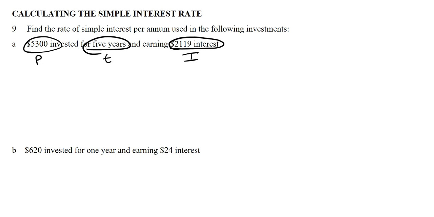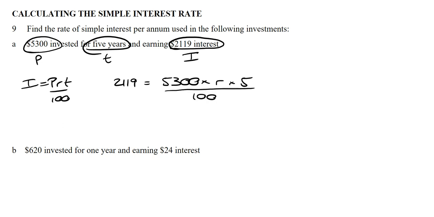That's I. So I still use I is equal to PRT over 100, but this time it's going to be $2,119 is equal to 5,300 times R, which I don't know, times T, which is 5, over 100.